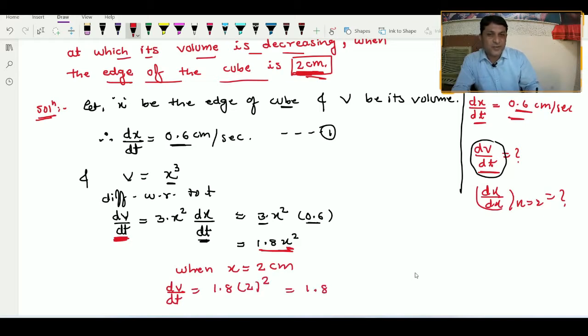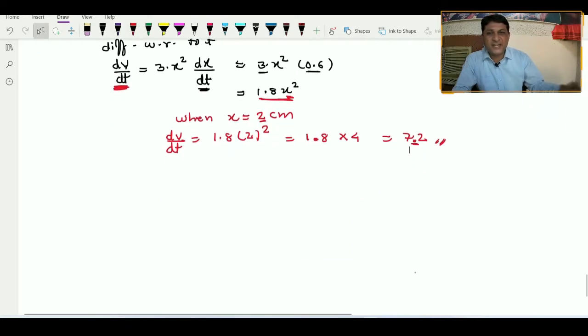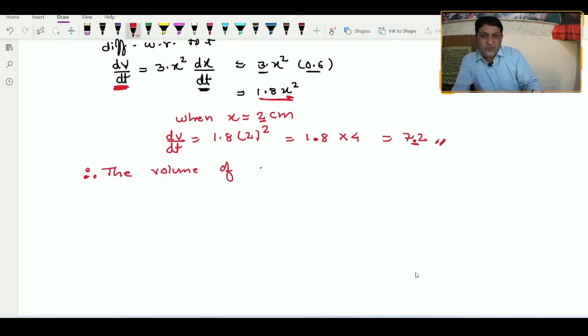So which is equal to 1.8 into 4. Now 18 fours are 72, and the decimal point is before one digit, so here we will get 7.2. Means in this way we have got our required value: dv by dt when x is equal to 2 will be equal to 7.2. That's why we can say that the volume of the cube is decreasing at the rate of 7.2 cubic centimeter per second, and this is the value which we have to find out here.